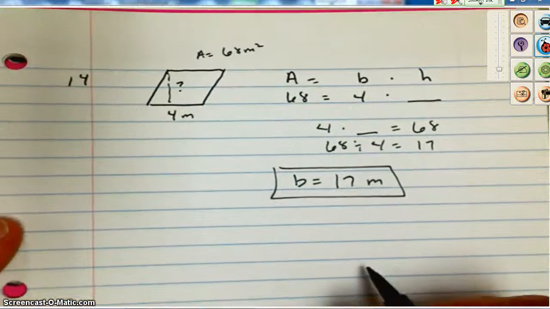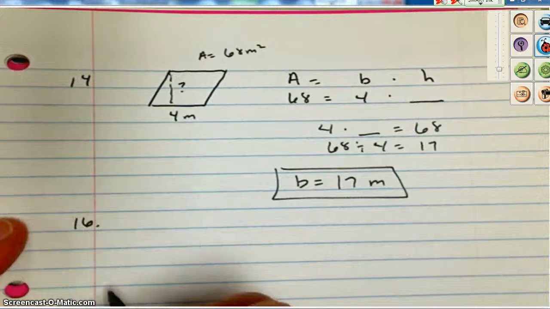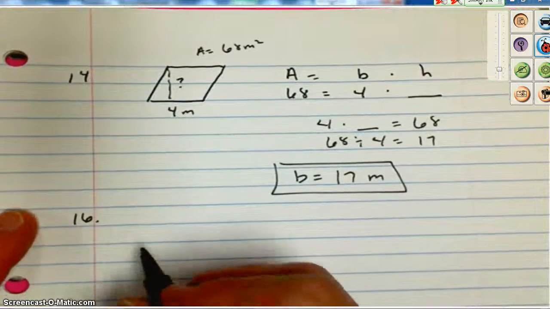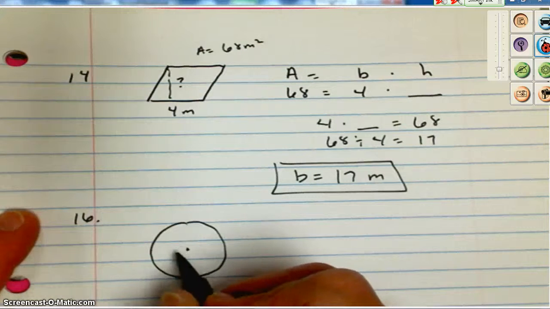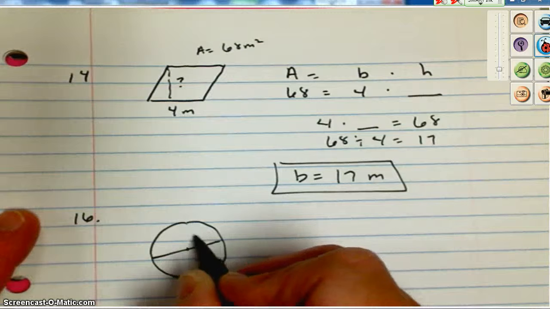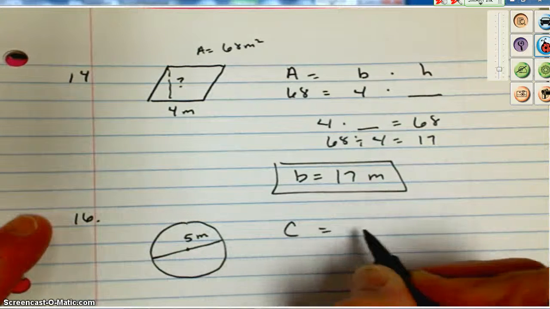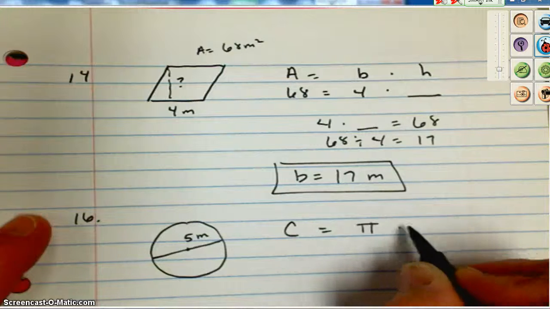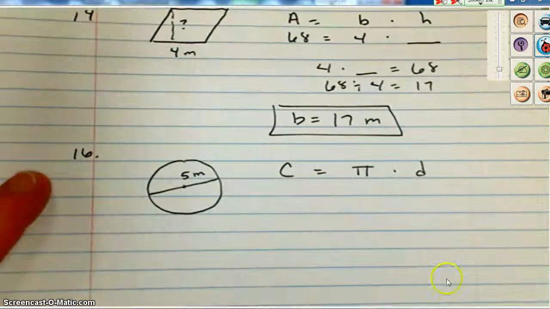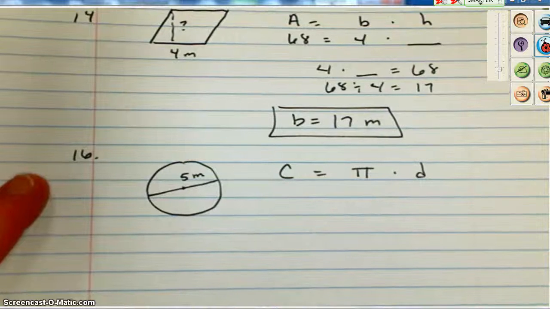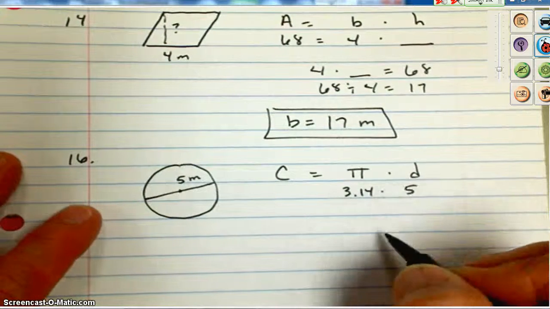Moving on to number 16, we want to find the circumference of this circle. We have a circle with a diameter of 5 meters. Circumference is equal to pi times diameter, so 3.14 times the diameter, which is 5.